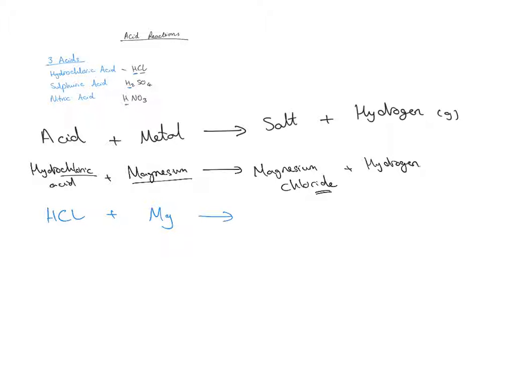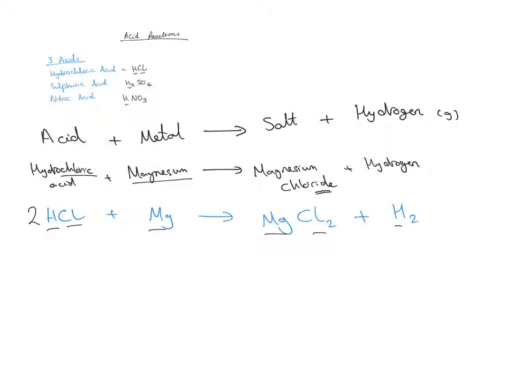So magnesium chloride, MgCl, it's actually MgCl2, and hydrogen. Now, it's not quite balanced yet, but what I can see is I haven't just made up some parts. I've got hydrogens on both sides, I've got magnesiums, and I've got chlorines. So all I would need to do now is to balance it, and to balance it, I would just need 2 lots of HCl there. So I'm happy with that.